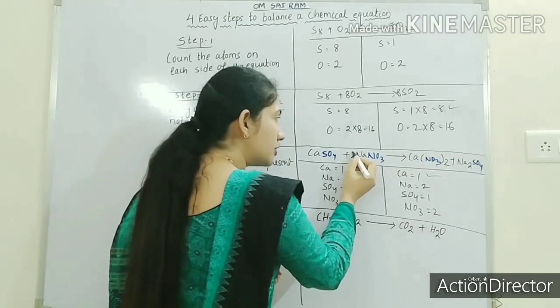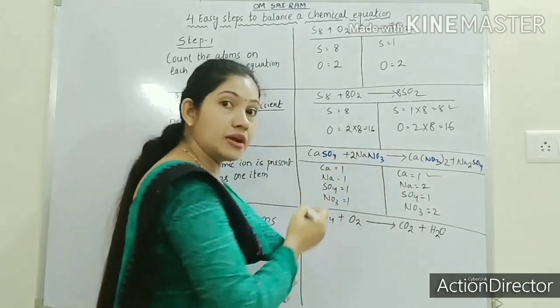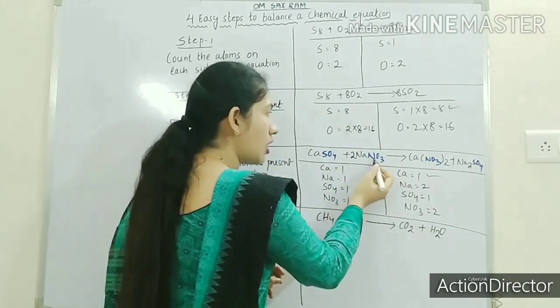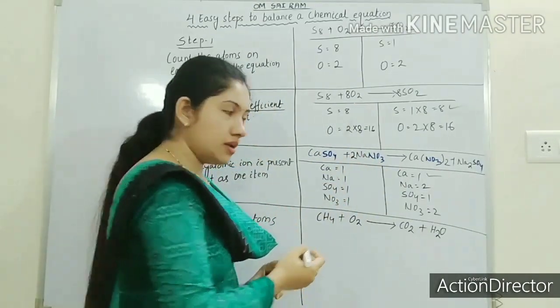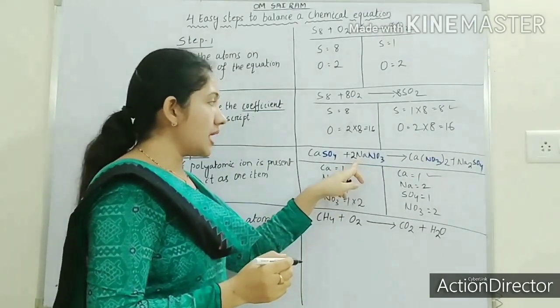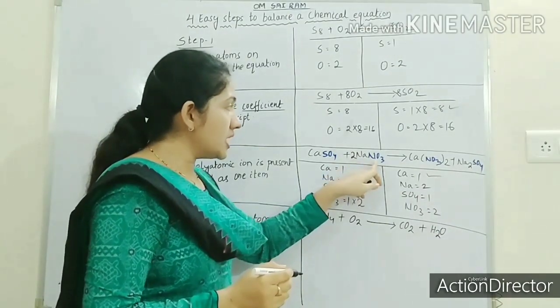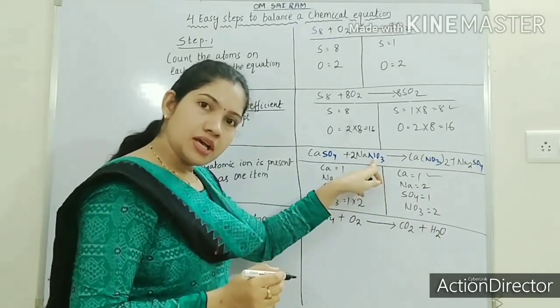But if we add 2 here, then this 2 will also combine with NO3. Here we have how many NO3? 1. So it will be multiplied by 2. Got it? Whenever we add a coefficient 2 here, it is also applicable to the polyatomic ion.